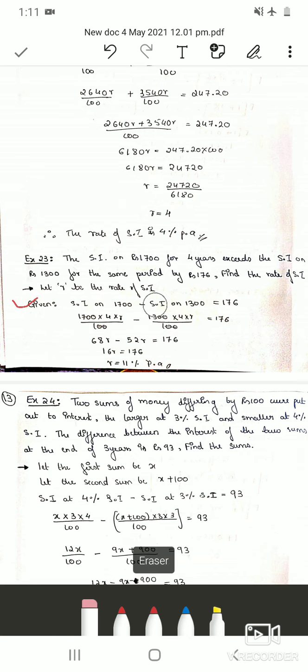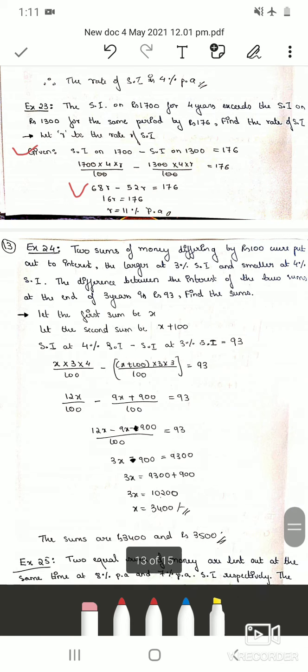Simplifying, we get 68R minus 52R is equal to 176. Therefore R is 176 by 16, which is 11% per annum. So a very simple problem.